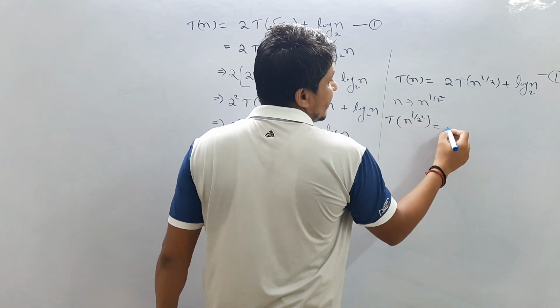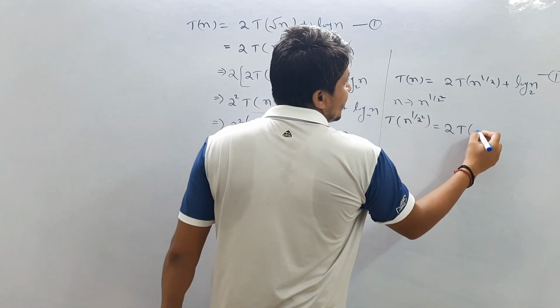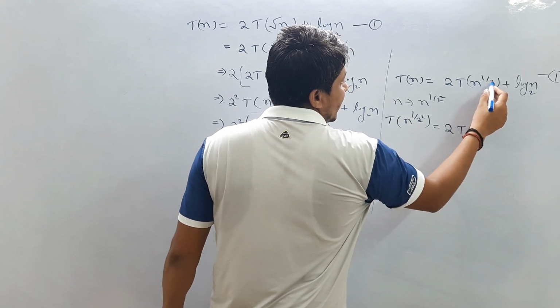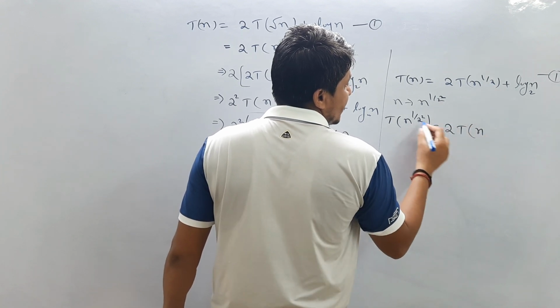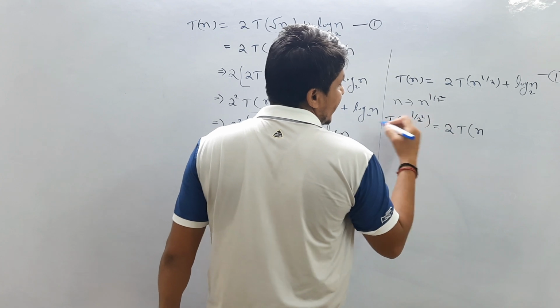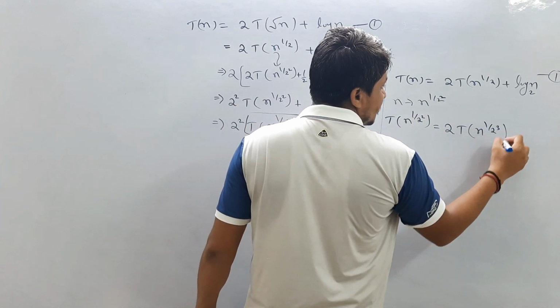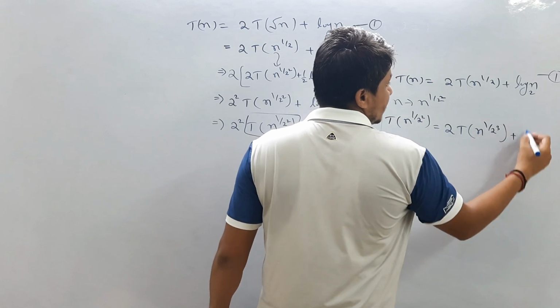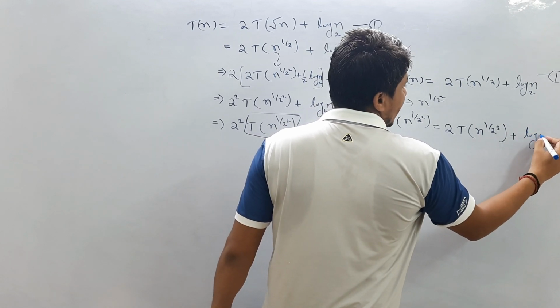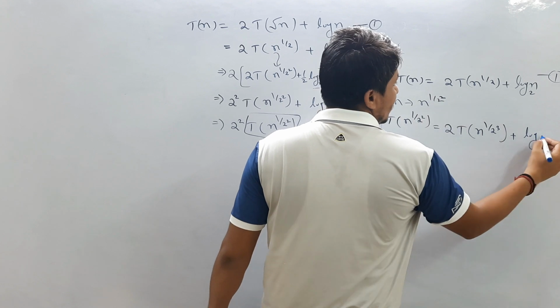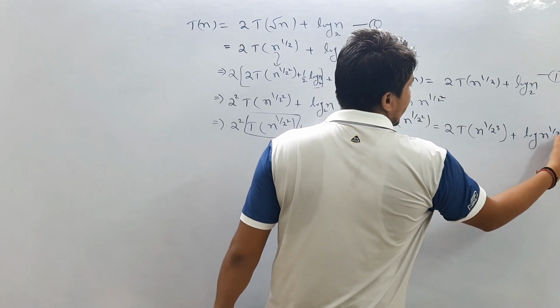So it is going to be ultimately 2 times T of n raised to power 1 by 2, which is already there, and you are replacing n by n raised to power 1 upon 2 square. So it will become 2 cube plus log, where you are replacing n by n raised to power 1 upon 2 square.